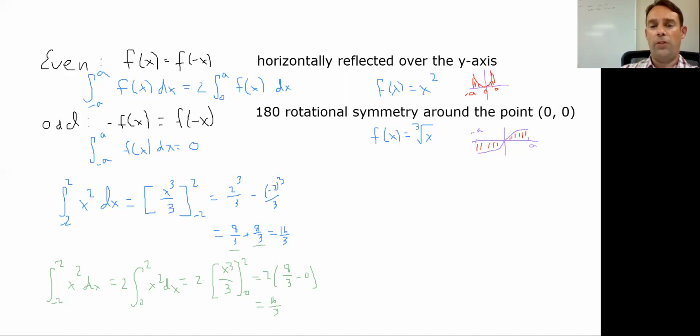Let's see how it might work with odd functions then. Let's go from -8 to 8. So with my cube root of x, by now you know I am not going to do a cube root. We're making that a fractional exponent.